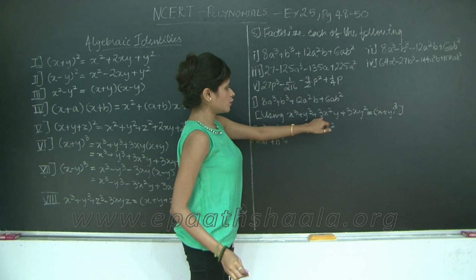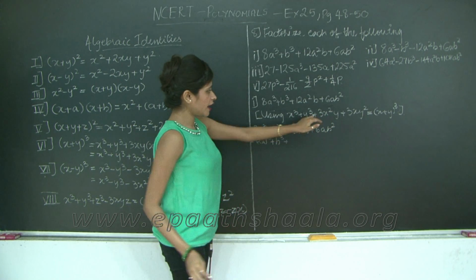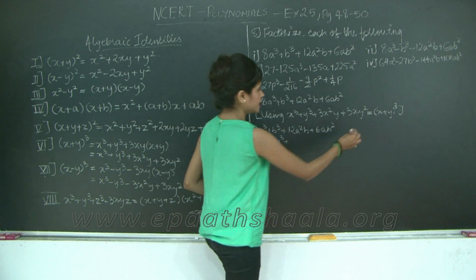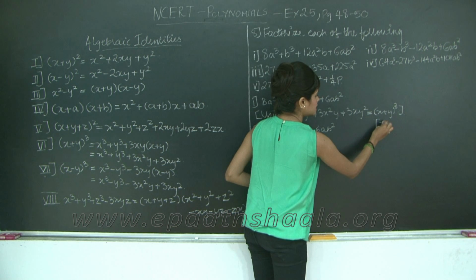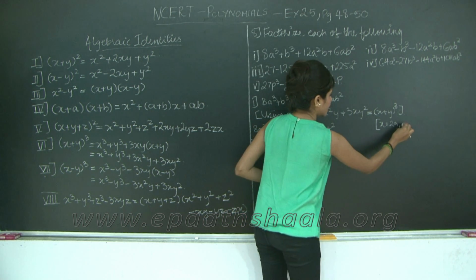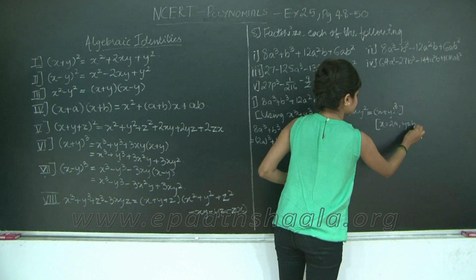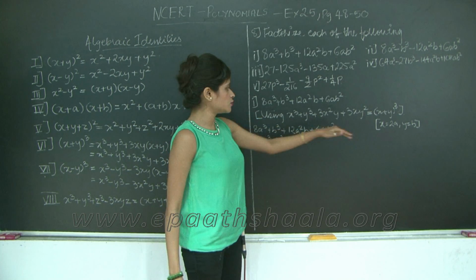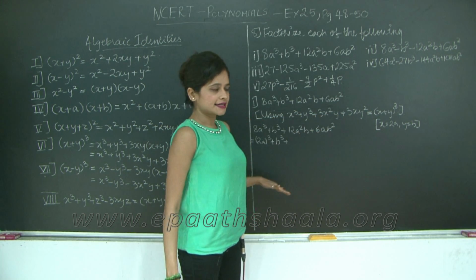Now we have a 3 over here, right? But before I proceed, I found the value of my x and y. So let me just quickly write this. Therefore x is equal to 2a and y is equal to b. Now I can simply substitute x is equal to 2a and y is equal to b in my identity, right?